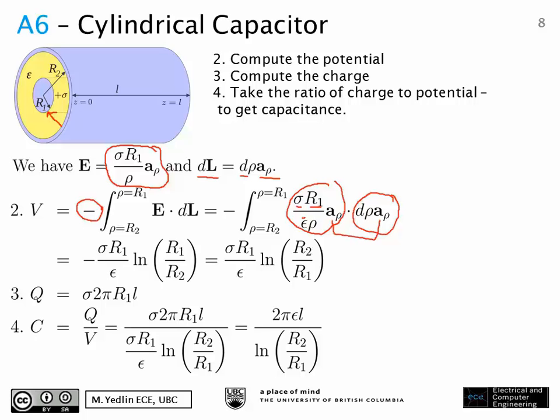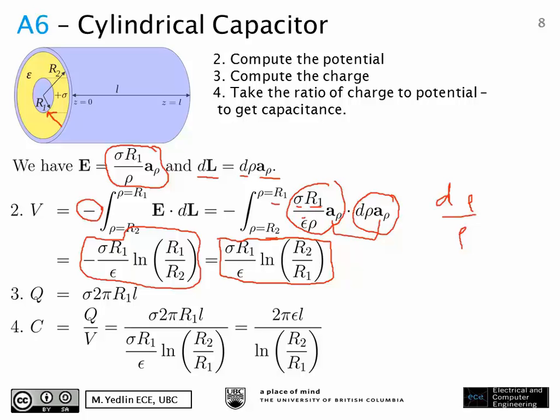And we have minus the integral from rho equals R2 to R1 of d rho divided by rho, which is log rho, evaluated as the difference between the upper and lower limits. We get this result here. And using the result that minus log of some ratio is just the log of the reciprocal, we get this final equation right here. And there it is.